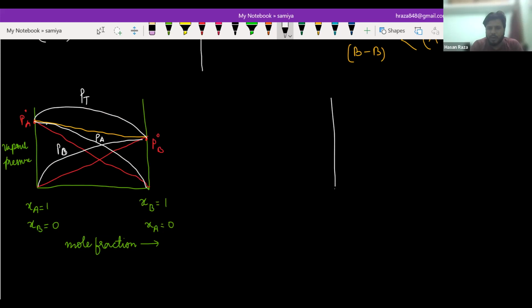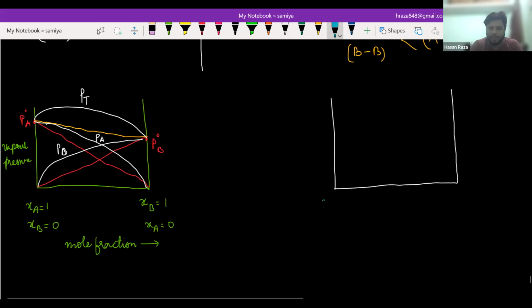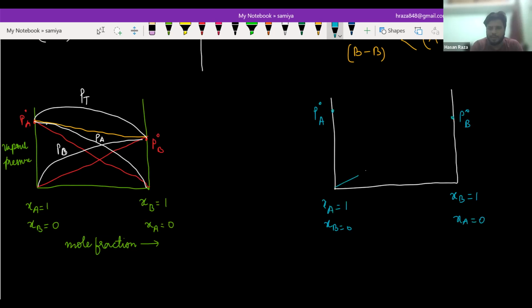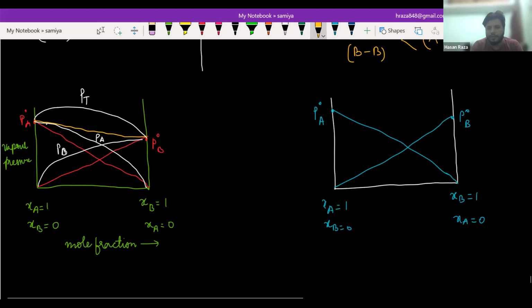In the same way, if we are going for negative deviation, mole fraction of A is 1, mole fraction of B is 0, and mole fraction of B is 1, mole fraction of A is 0. Again, this is P naught A, this is P naught B, and this is the graph for ideal solution.